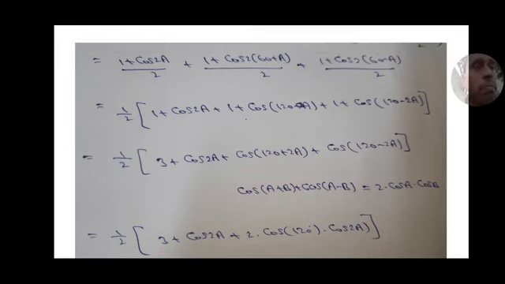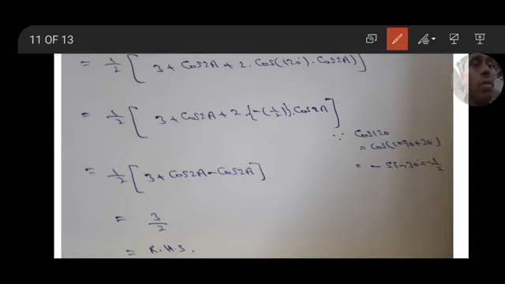Next step, what is the cos 120 value? Cos 120 means cos of 1 into 90 plus 30. 1 means odd, therefore cos becomes sine, and 120 means second quadrant, cos becomes negative, that is minus sine 30.